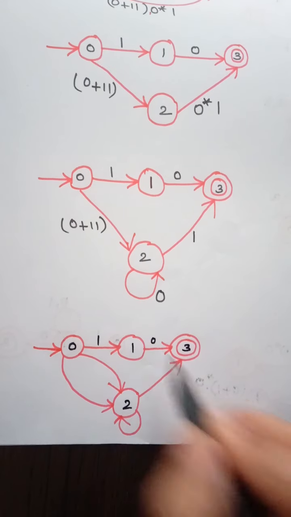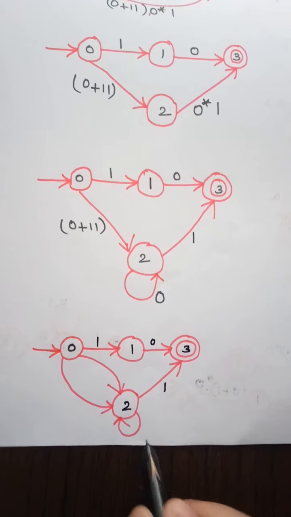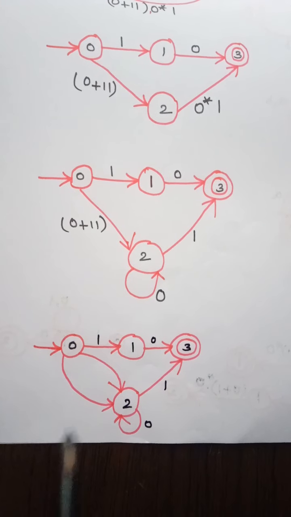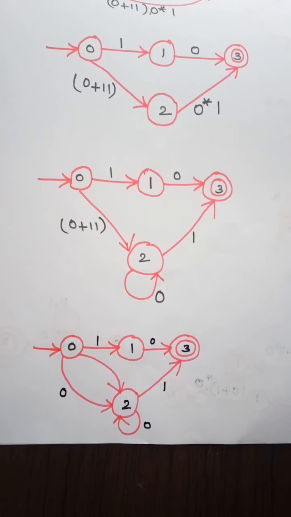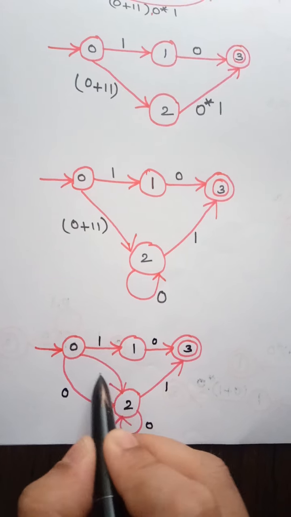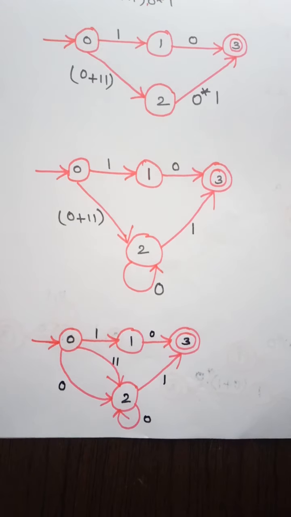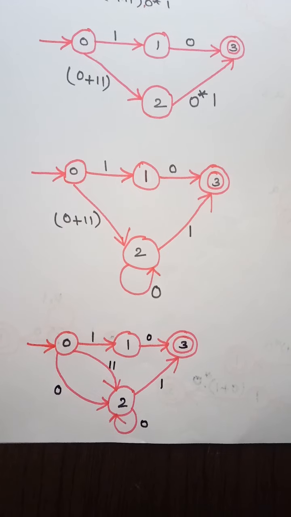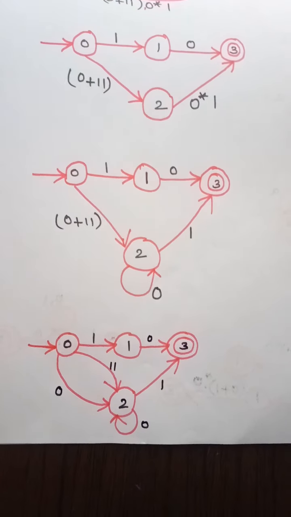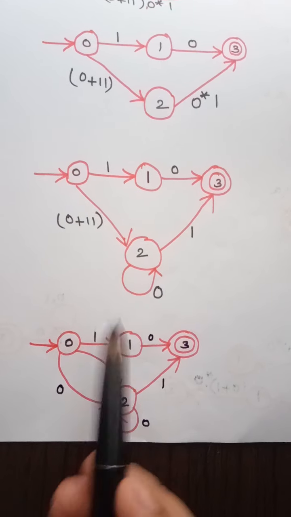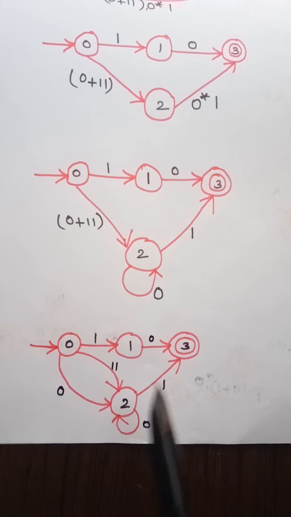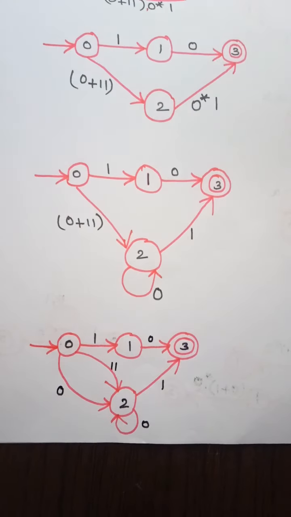Here it is 1 0, here it is 1, and here it is 0. Now how does it become? 0 on one side and 1 1 on another side. After splitting this 0 and 1 1, now we have to split this 1 and 1.